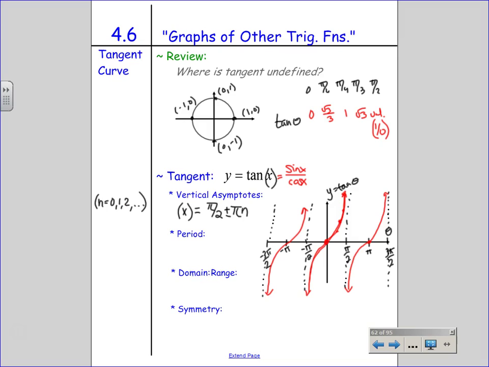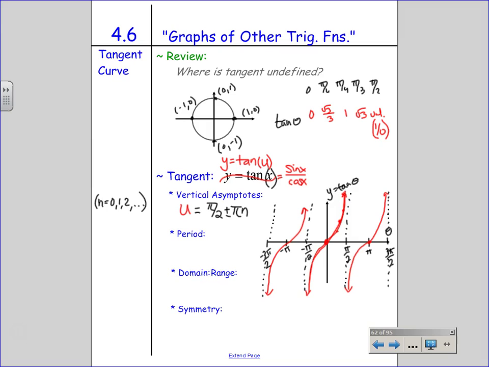So whatever's in the parentheses for tangent, we set equal to pi over 2 plus pi n. If it helps, I could call this y equals tangent of u, and make u equal to that, kind of like we do with domain problems.